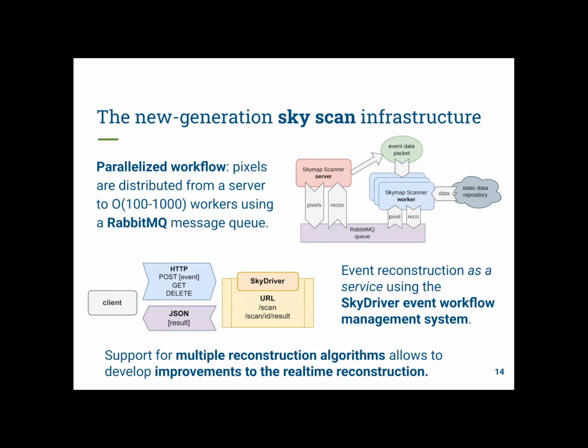And then we access the reconstruction infrastructure with a very convenient REST API. That means you can send your data and retrieve your data through HTTP requests. And this is handled by the SkyDriver event workflow management system that orchestrates the entire distributed computing for this reconstruction.